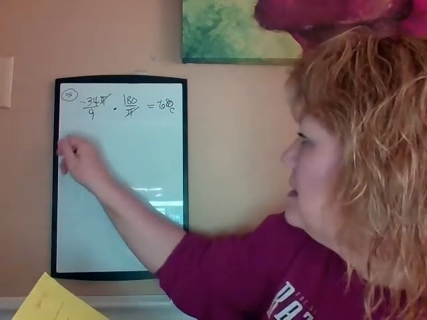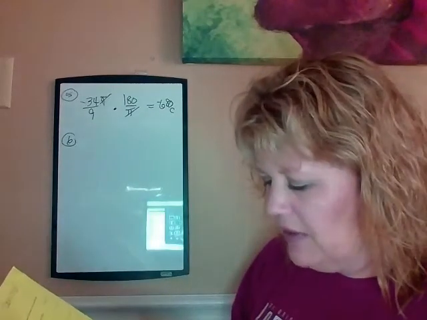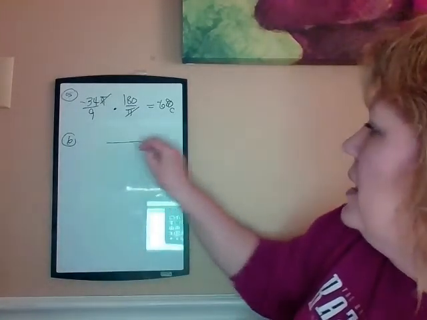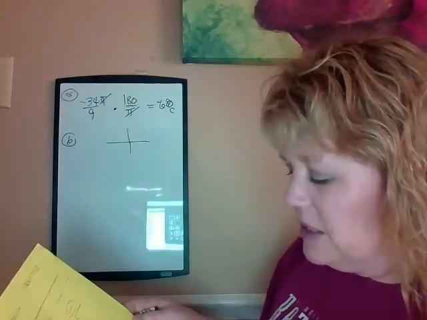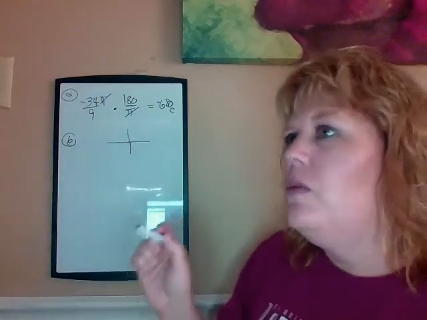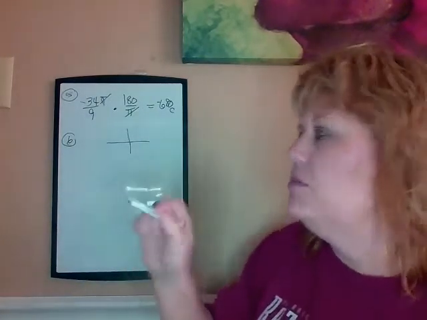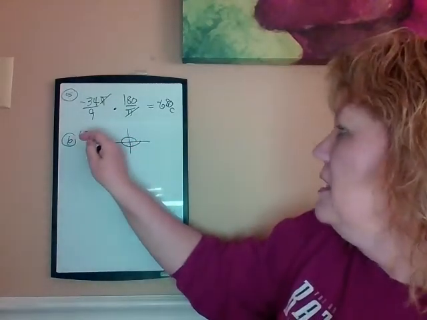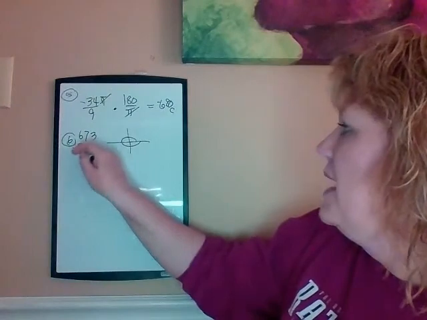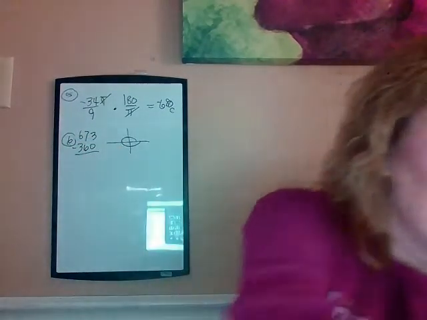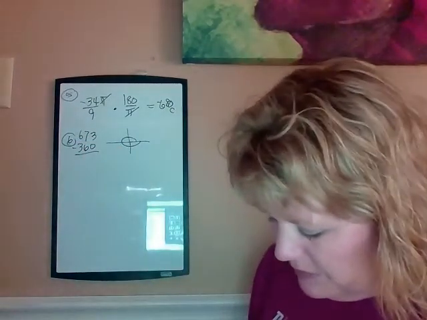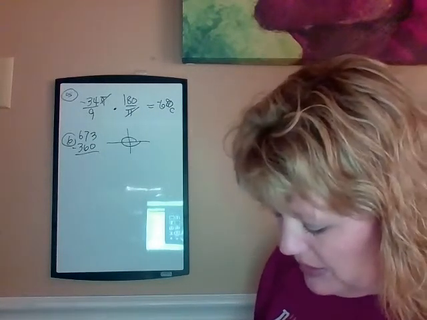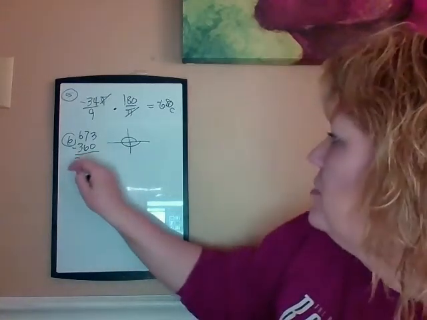Number 6 says find the positive angle less than 360 or 2 pi that is coterminal with the given angle. The angle they give you is 673 degrees. You want to know how many complete trips around the circle you can make. You can go around one time, you've used up 360. So 673 minus 360 means, how much further do I have to go? 673 minus 360 is 313 degrees.